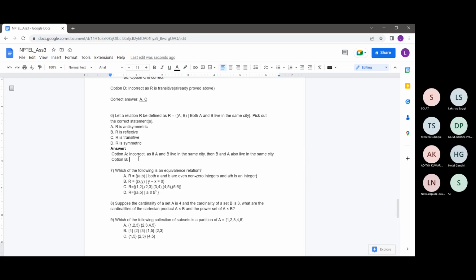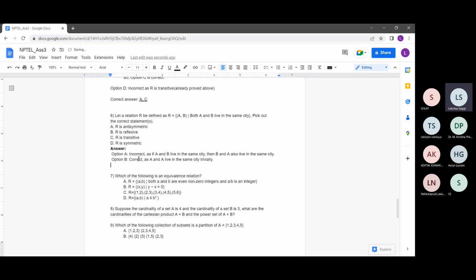So R would be reflexive, as A comma A would belong to the relation R. And this is trivial. If there is one person, he or she will be living in only one city at a time.